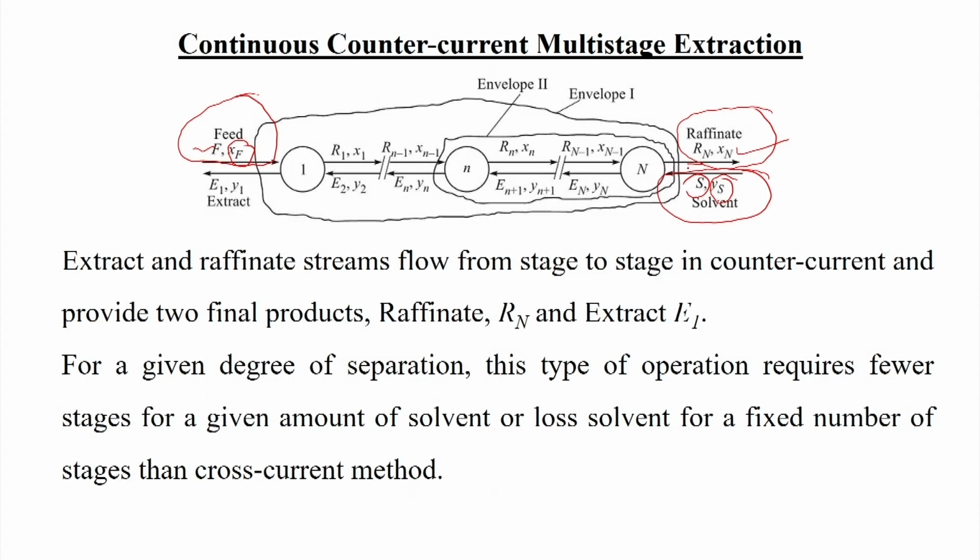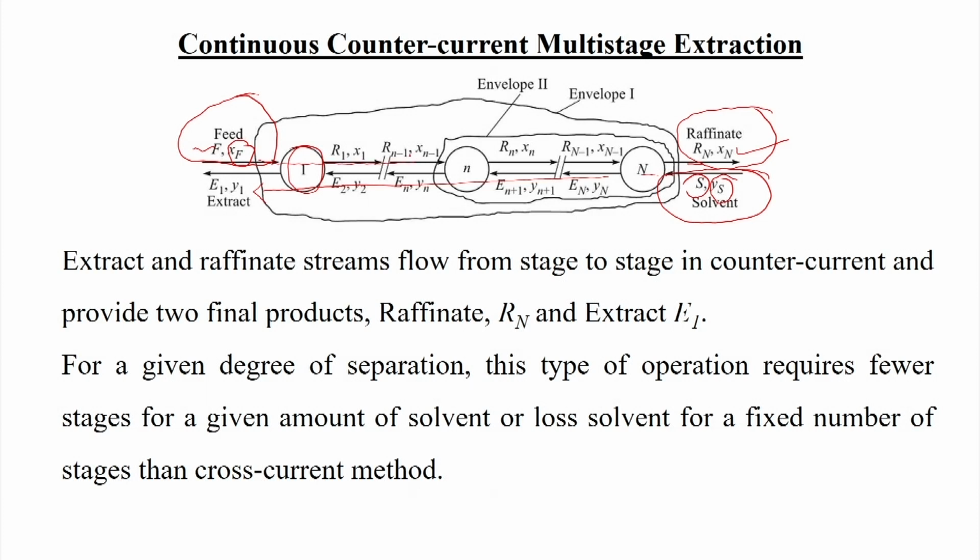That is why it is countercurrent: the extracting solvent will flow in this direction, and the final extract will leave from the first extraction stage, where the feed was added, and the feed will move in this direction.